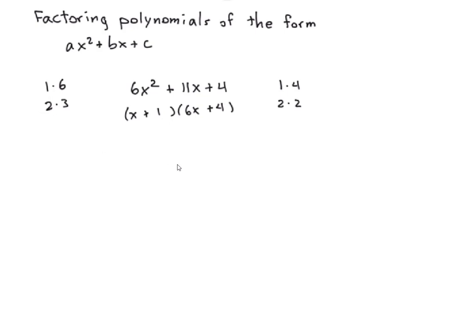So we know for a fact, before we even start this process, that it can't be 2 and 2, because those 2's will always have a factor in common with at least one of these. So that's not going to work, and we can save ourselves some time by doing this.